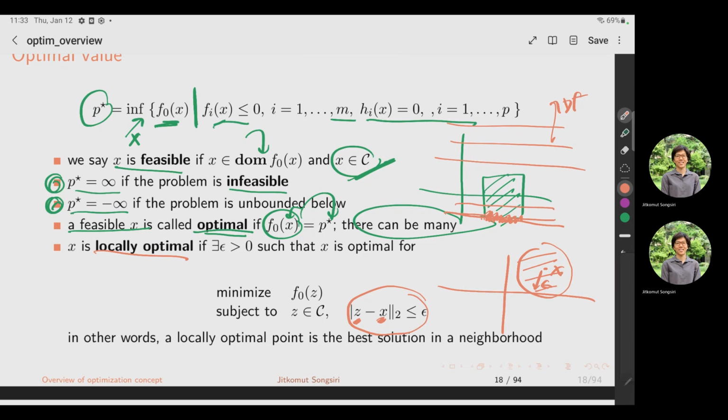It basically says if I try to minimize that function where my z satisfies the constraint and my z is very close to x, that choice is the best solution in the neighborhood.